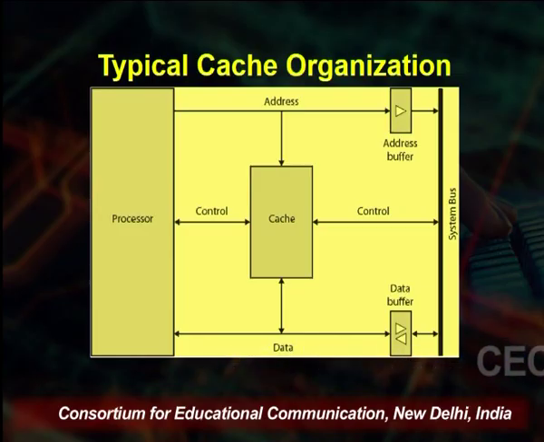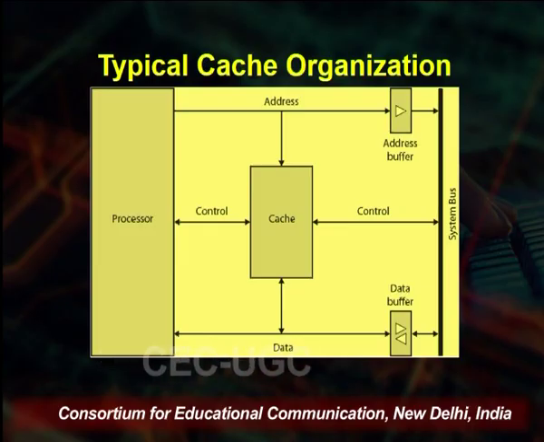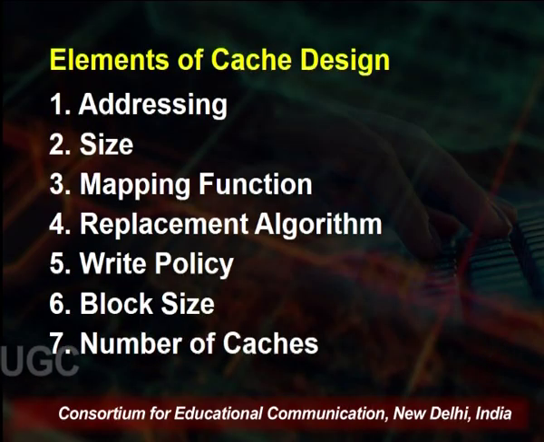Depending on a cache hit or a miss, if something needs to be brought in, there is a data buffer. The data is brought in from the system bus and then made available to the cache. Similarly, it also has an address buffer to save the addresses of what is to be brought in next.